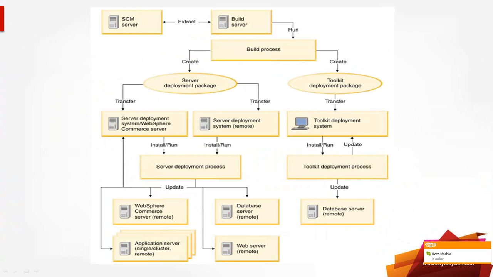You have a development team environment where all the different developers are checking in the code, and the build server is where the WCBD is installed. It extracts the code from your same repository. You can do a full build or a partial build, and then perform the build.